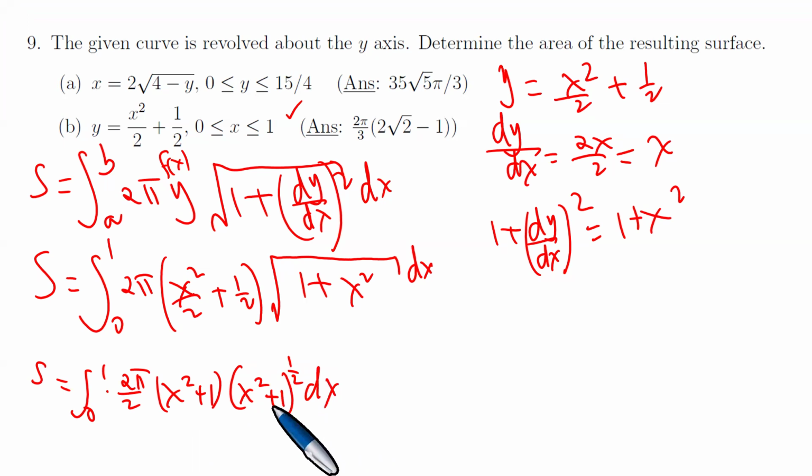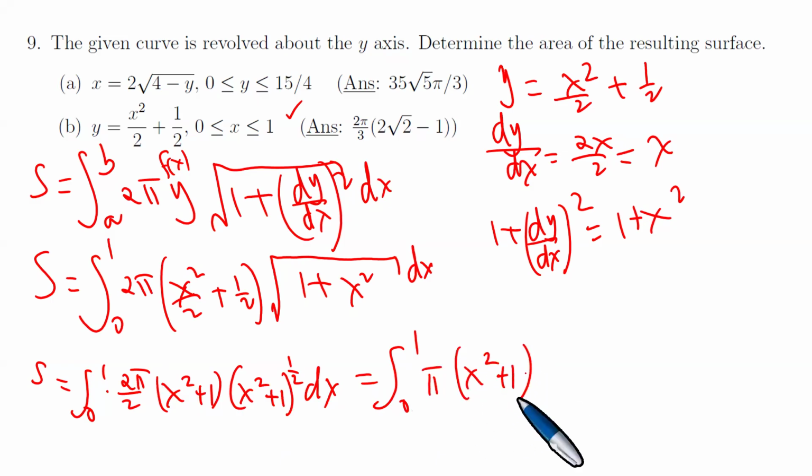Now these things have the same base. If you let u be this, the 2x is not going to cancel. So you are brainstorming on how to integrate this, but 2 pi over 2 becomes just pi. Then you have x squared plus 1 raised to 3 out of 2 dx.